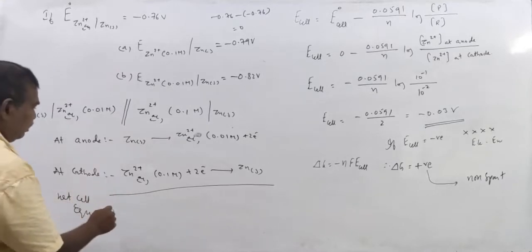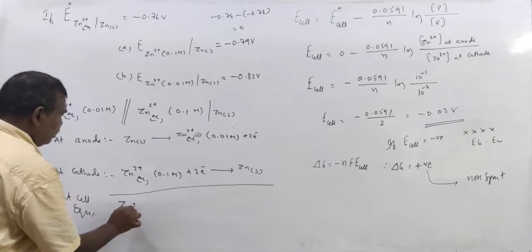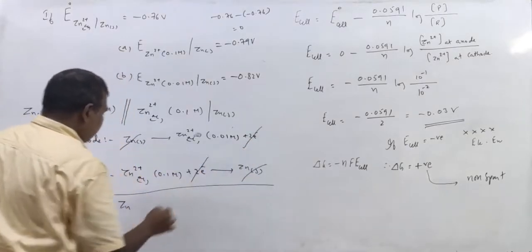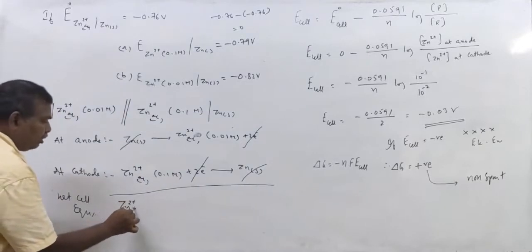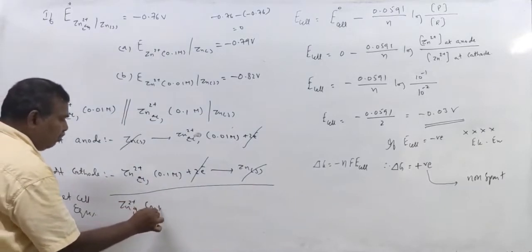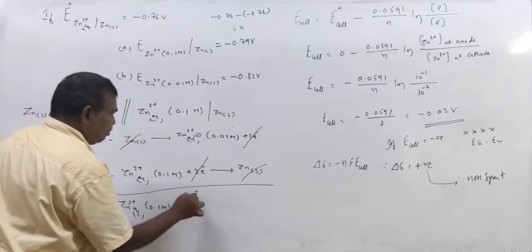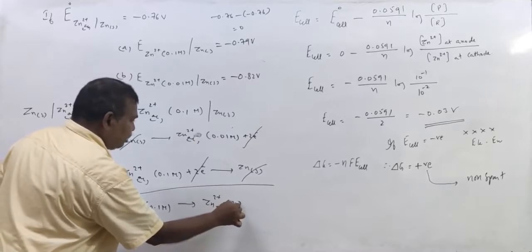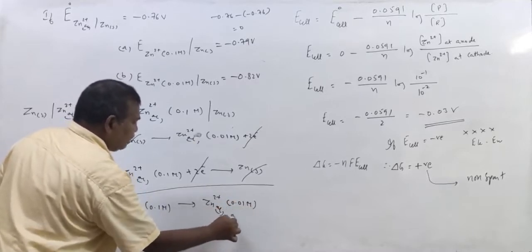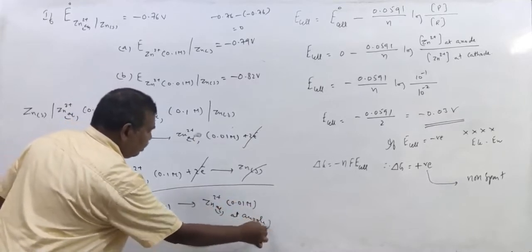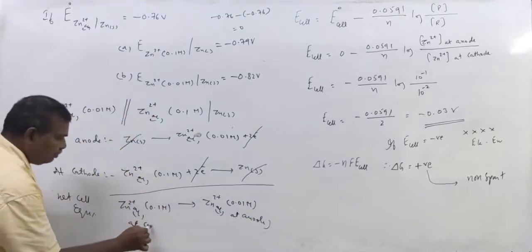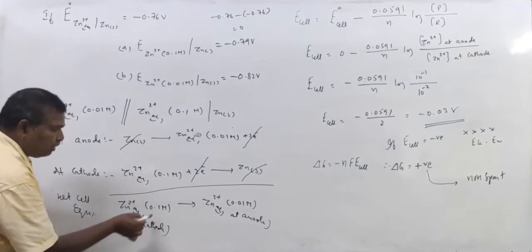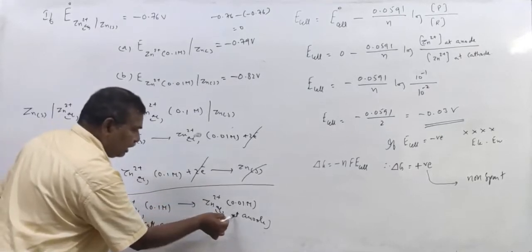Net cell equation: Zn solid you can cancel, 2 electrons you can cancel. Zn2+ aqueous 0.1 molar gives rise to Zn2+ aqueous 0.01 molar. So this is at anode and this is at cathode. So the Zn2+ ion concentration at cathode, Zn2+ concentration at anode.